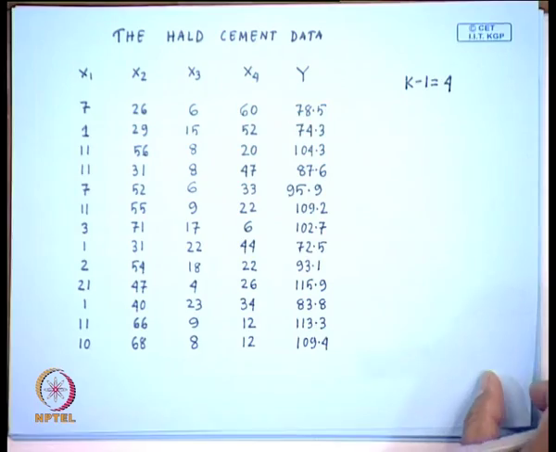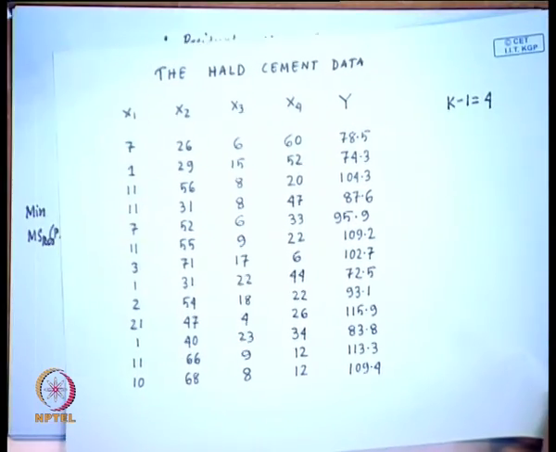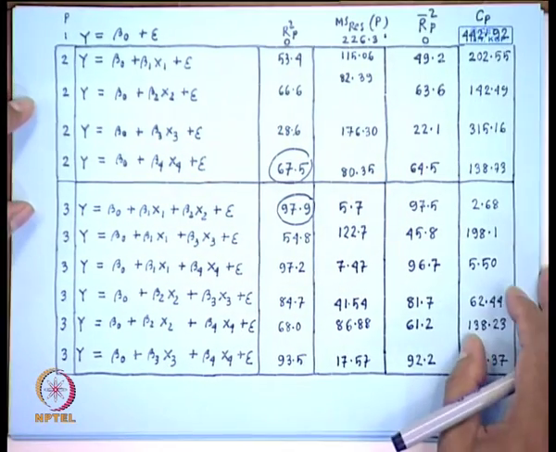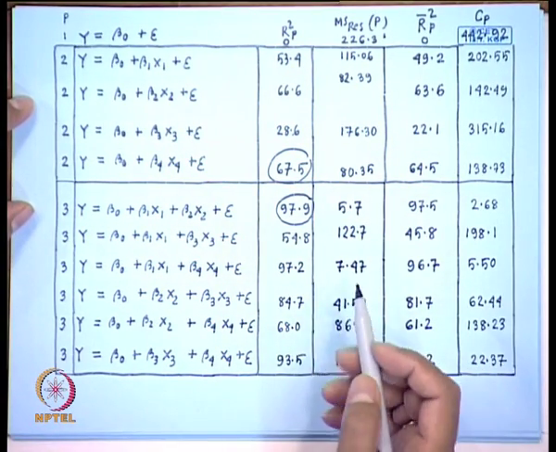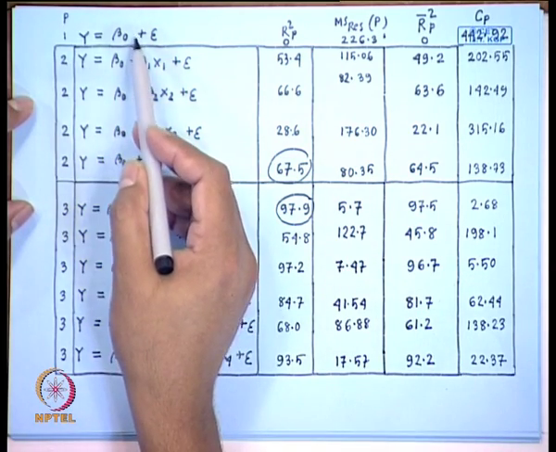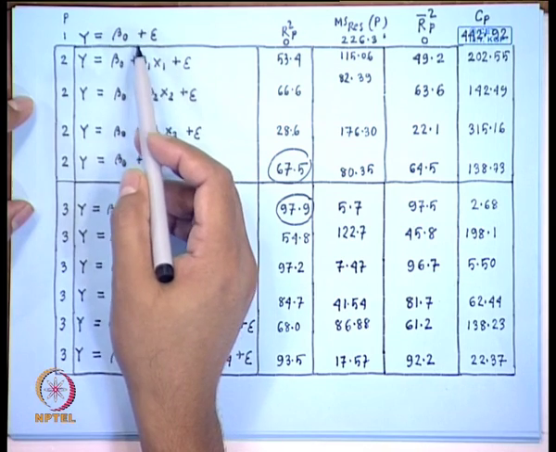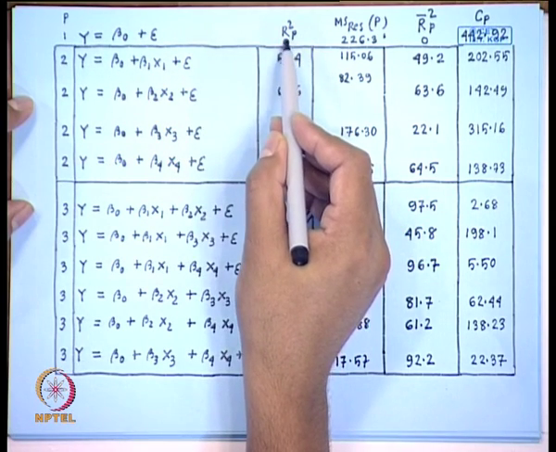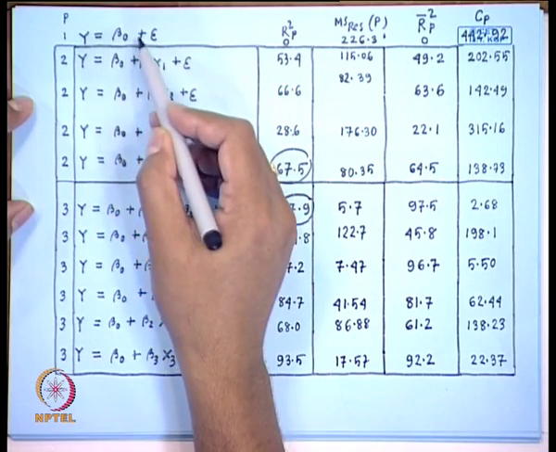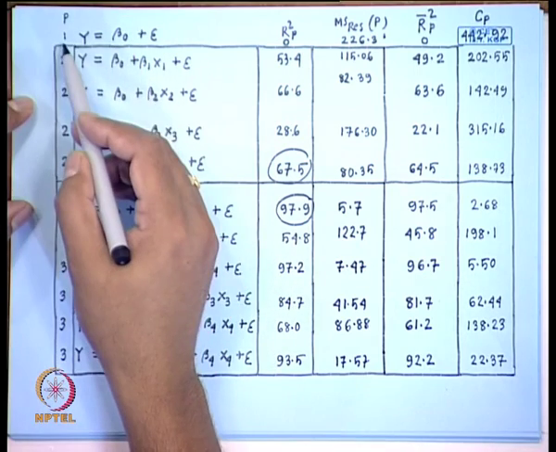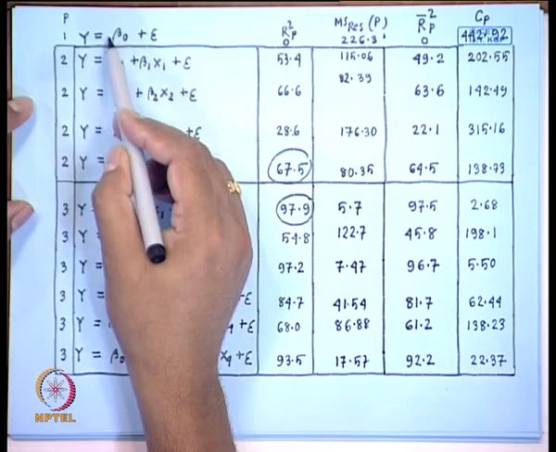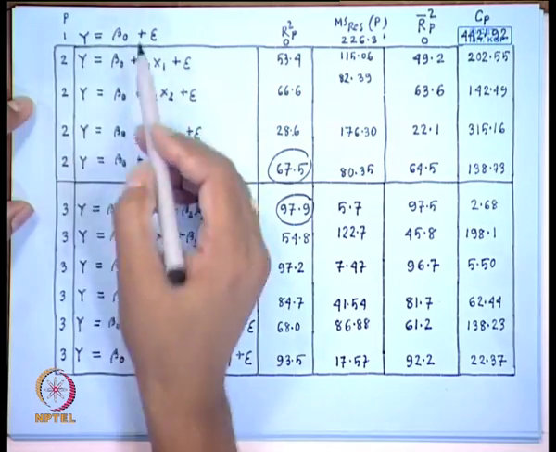Well, then we write down all possible models. Here this is the model with no regressors, so the number of regressor variables is 0 here. There is only one unknown, the intercept, so p is equal to 1 for this model.